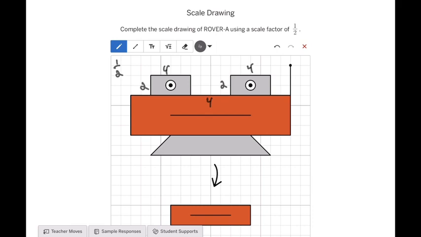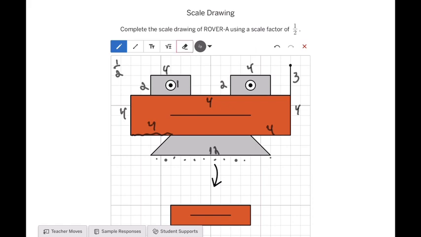And how big is this one? 1, 2, 3, 4, 5, 6, 7, 8, 9, 10, 11, 12. So that's 12. From here to here, that distance is 4, 4, 4, 4. This antenna is 3. And then those eyes, I think they're 1, but they're kind of in between.